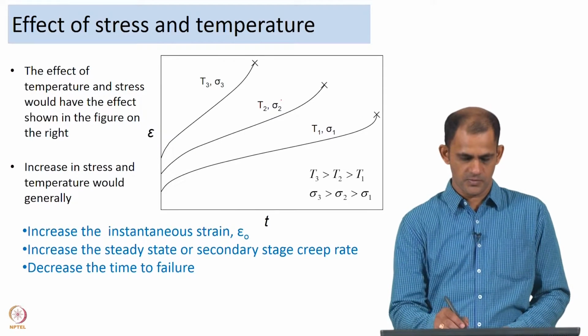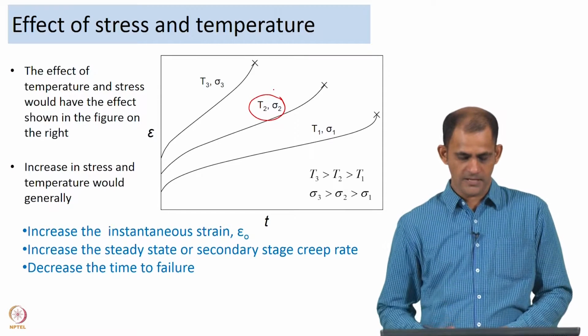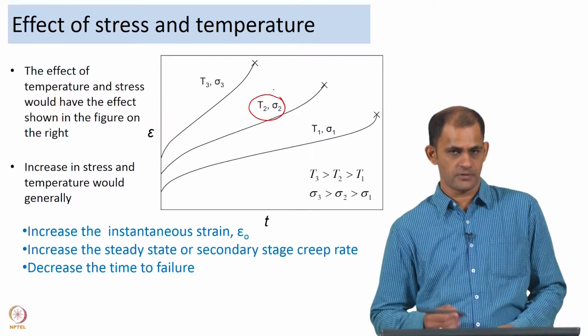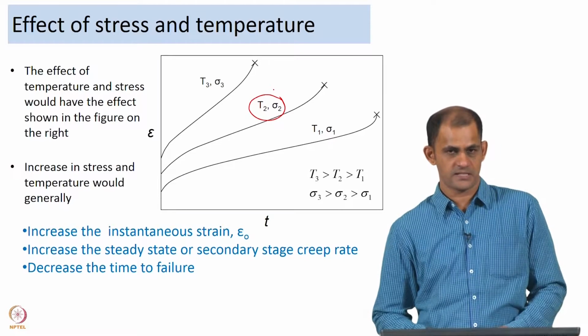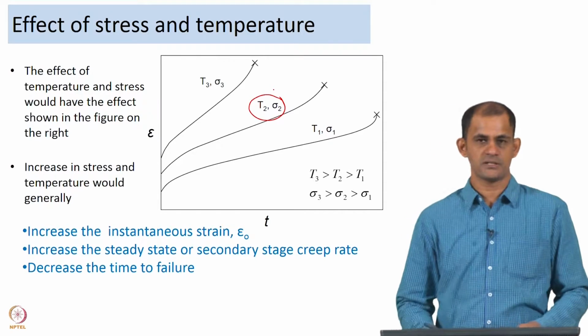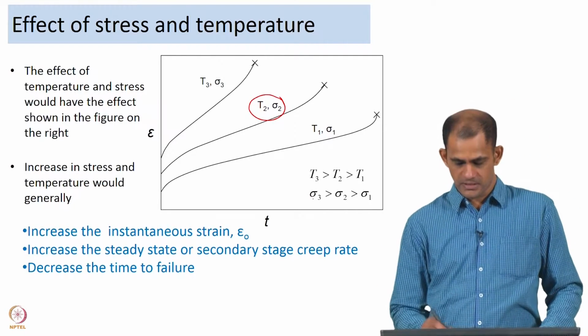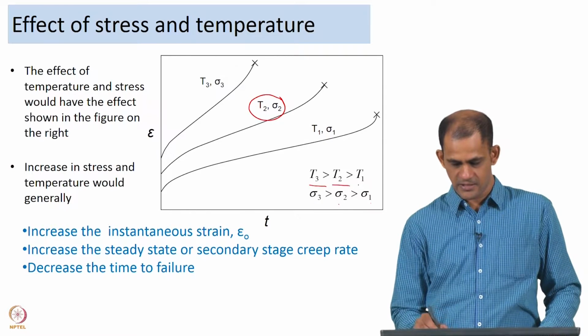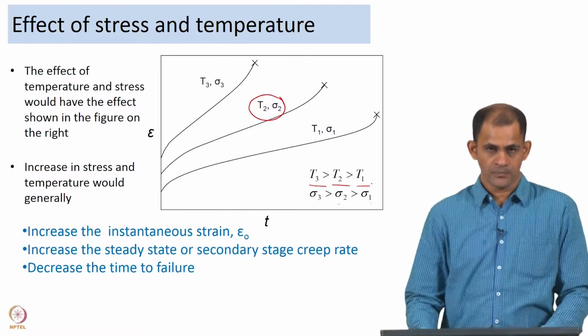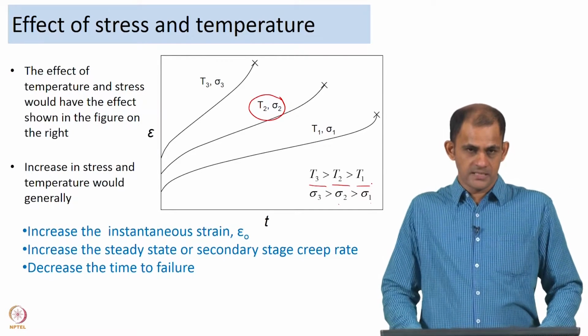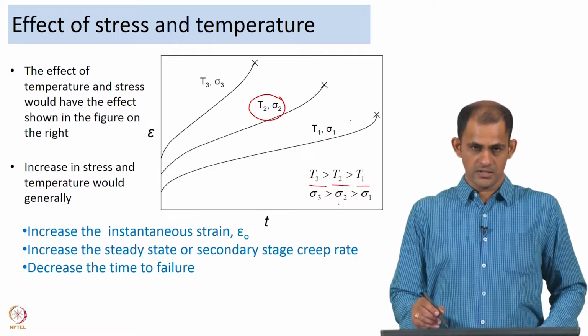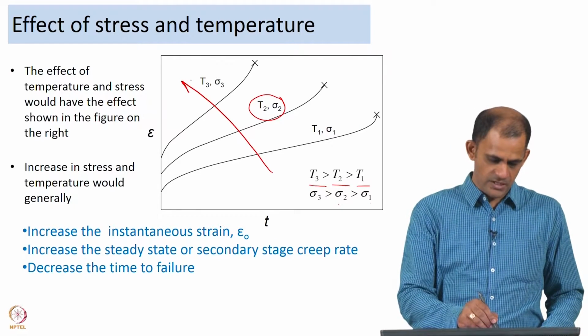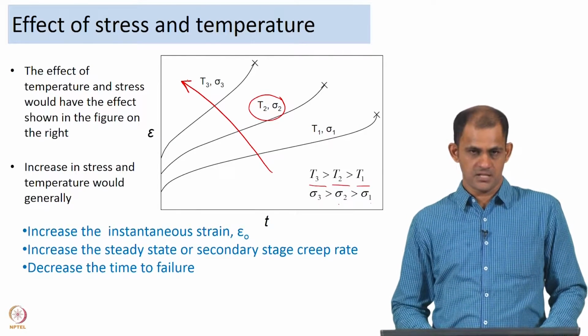The second one corresponds to applied stress sigma 2 and temperature T 2, and the third one corresponds to applied stress sigma 3 and temperature T 3. Now, sigma 3 is greater than sigma 2, greater than sigma 1, and T 3 is greater than T 2, greater than T 1. So, what we are clearly seeing is an increase in stress and temperature, and this is the direction of increase.